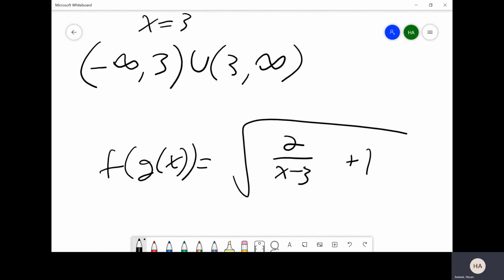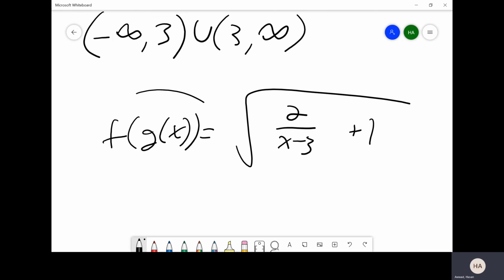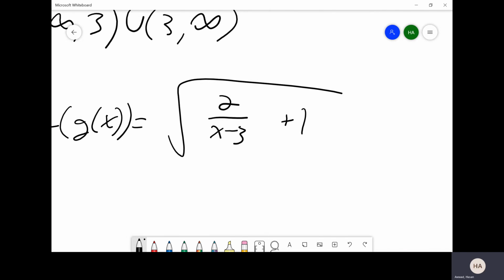Okay, so what we have to do now is find the domain of this piece. We found the domain of the inner function. Now we have to find the domain of the actual composite function, and then we eliminate the points where they disagree. So let's figure out what the domain of this is going to be.